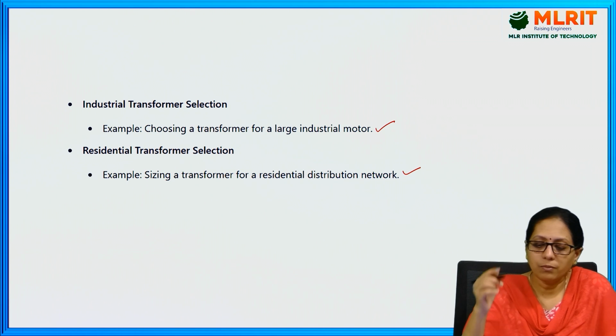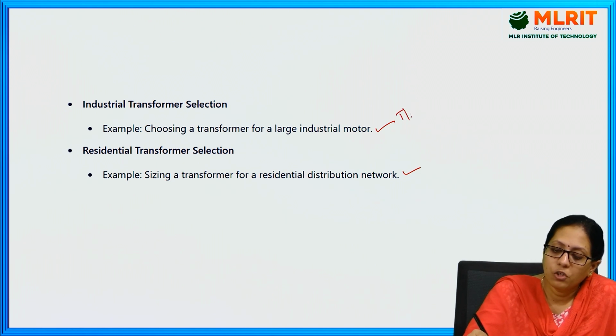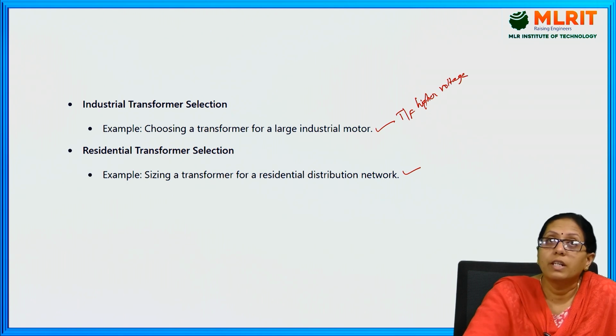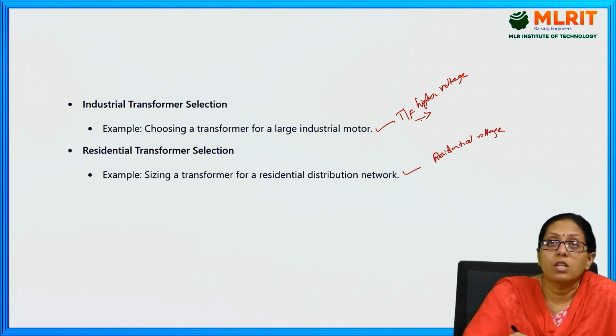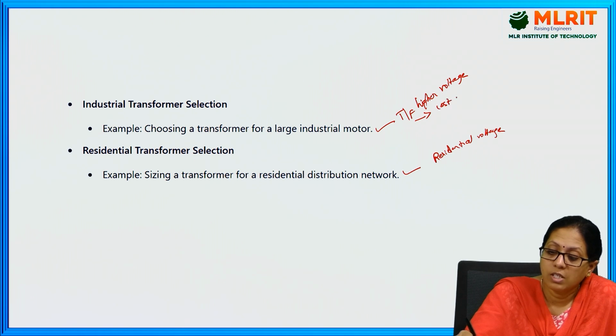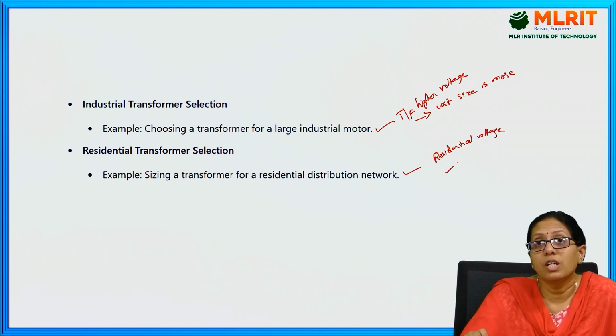That means the transformer should have higher voltage ratings for industries when compared to the residential voltages. So the cost as well as size is more in industrial application when compared to the residential application.